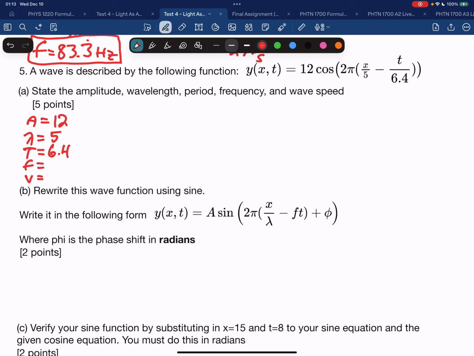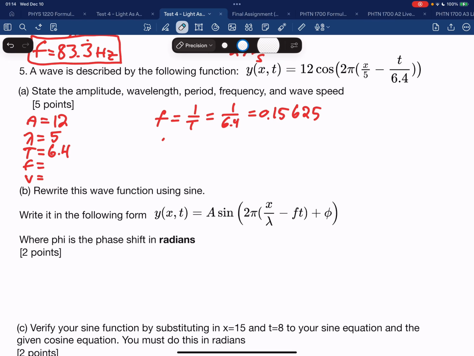So for this, we know that frequency is 1 over the period, which is 1 over 6.4, which is 0.15625, and keeping all of these decimal places will be necessary.